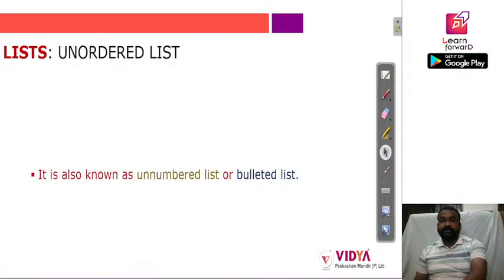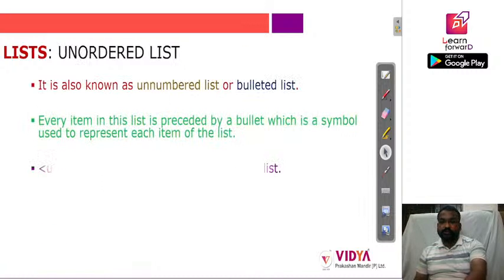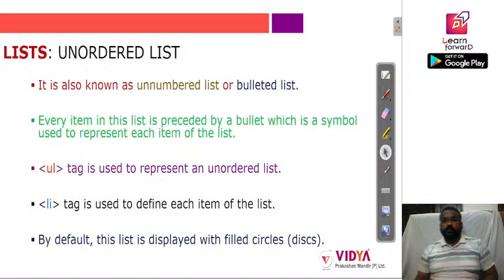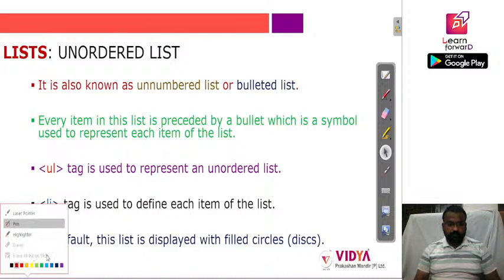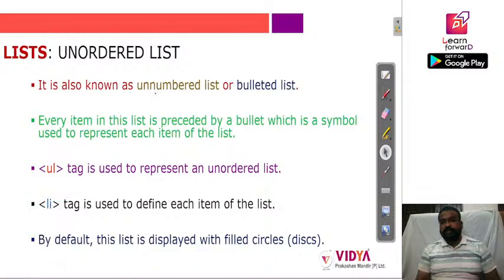Let's see now the second list, which is the unordered list. This list is basically called an unnumbered list or bulleted list. Why is it called so? Because basically in this we are going to use some symbols to represent our list items.